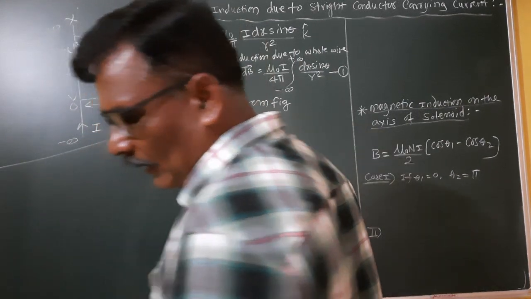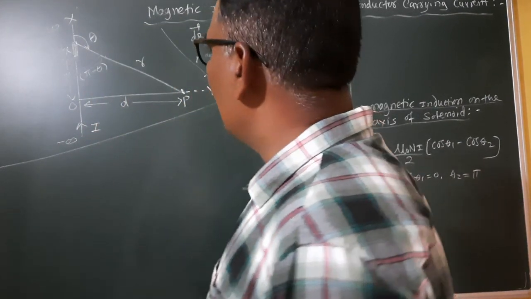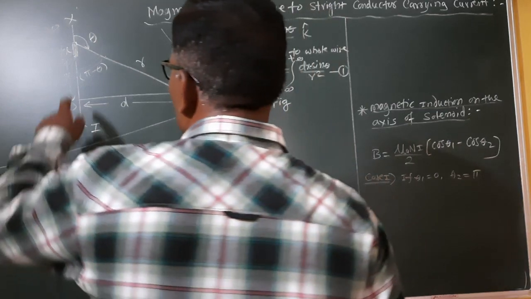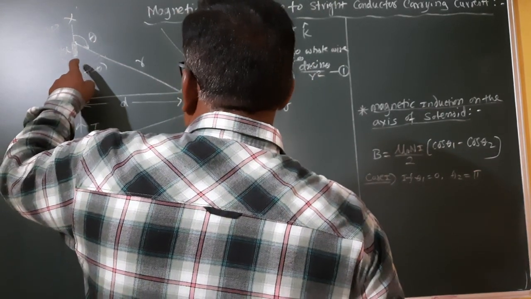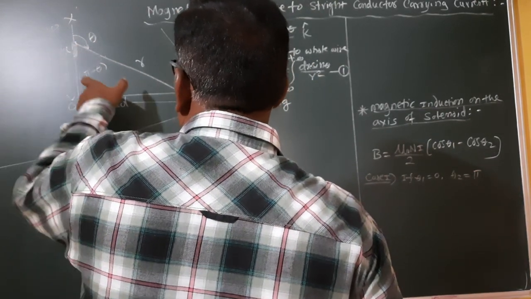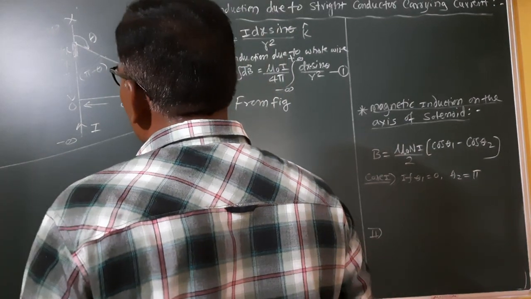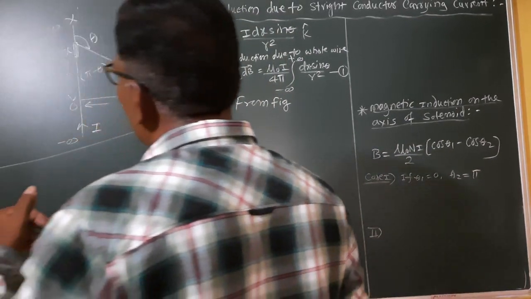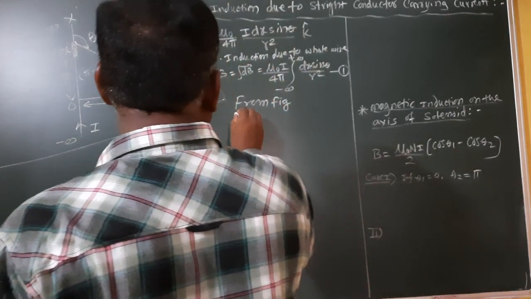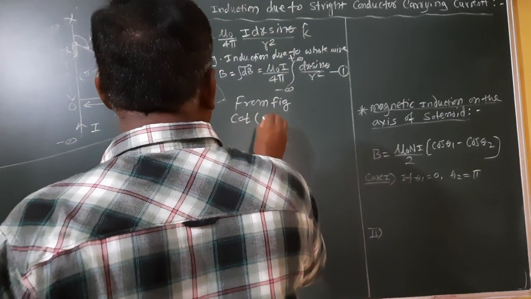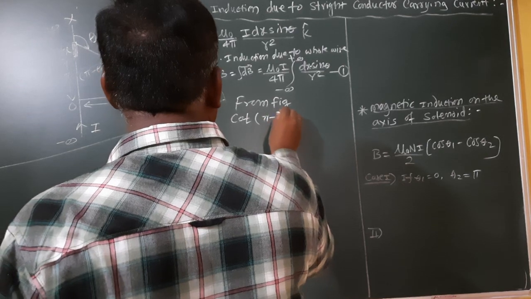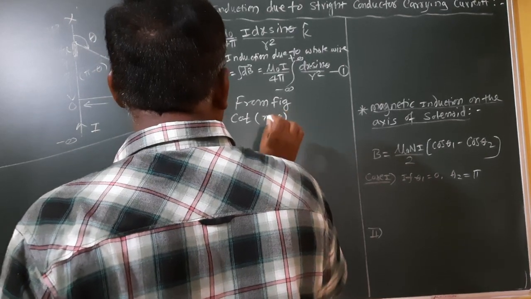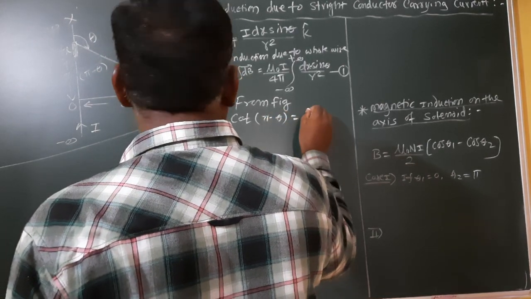let us consider x by d: this is the adjacent side and this is the opposite side. Adjacent side upon opposite side means cot of pi minus theta is equal to x by d.